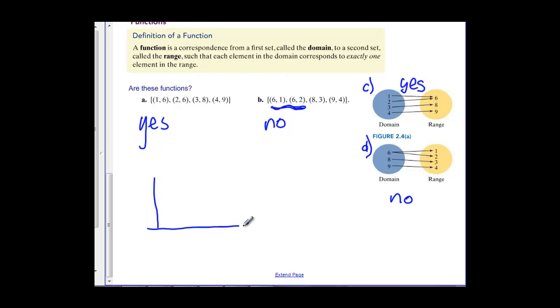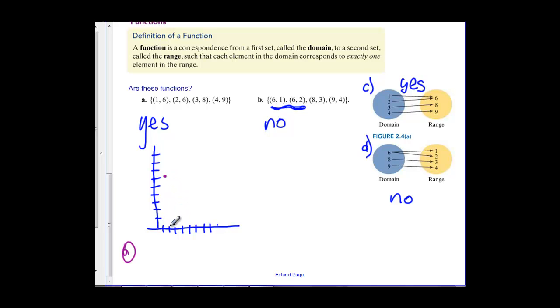So I'm just going to put a really super rough graph in here. All right, and then for A, so graph A. So A, we got 1, 6, so 1, and then 1, 2, 3, 4, 5, 6.